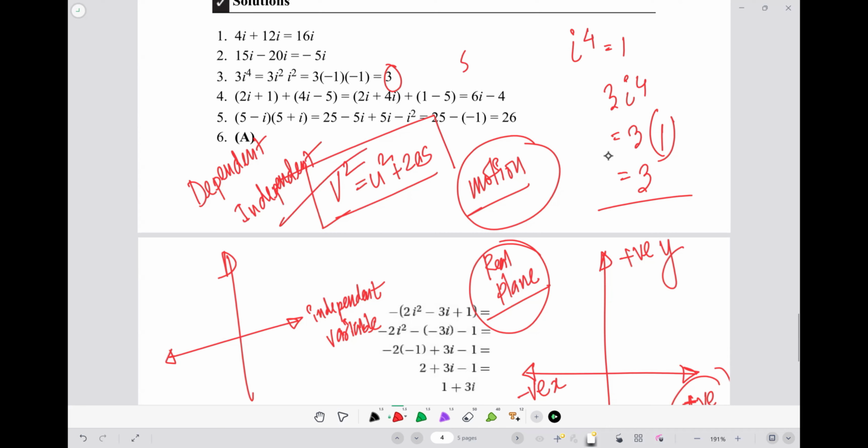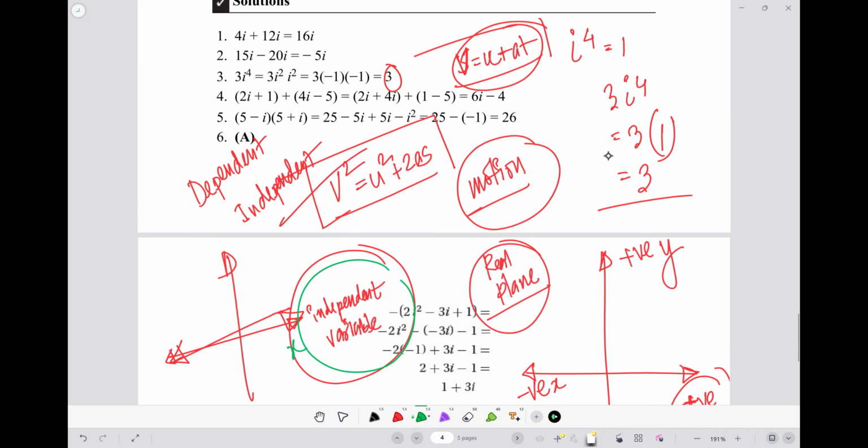Just consider v equals u plus at, the most fundamental equation of motion in one-dimensional kinematics. So how do you plot it? You take the independent variable on the x-axis in this direction. It has become an intuition for us, and that's why we always say this is the x-axis.